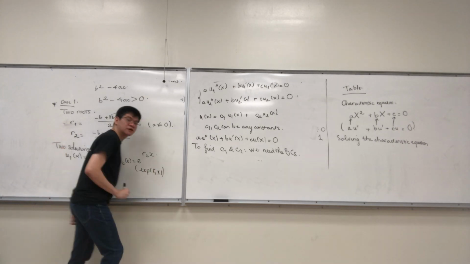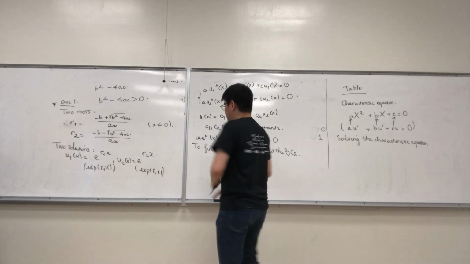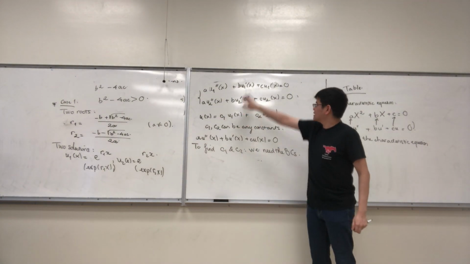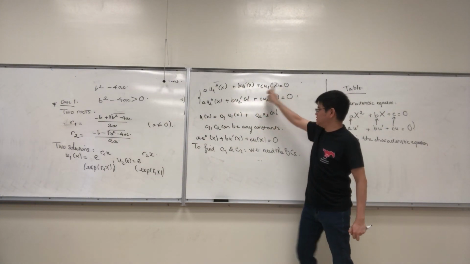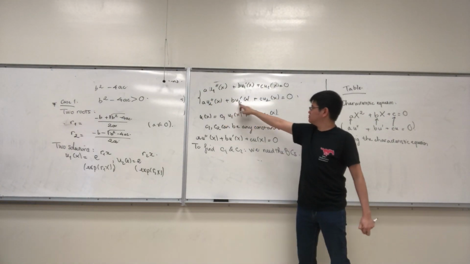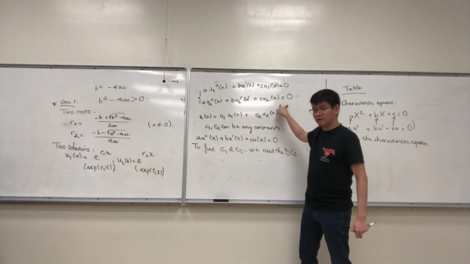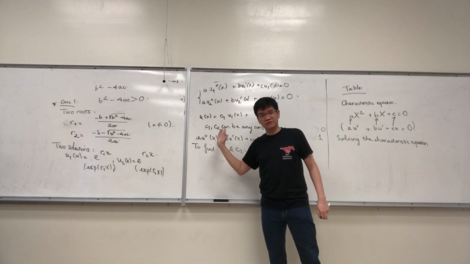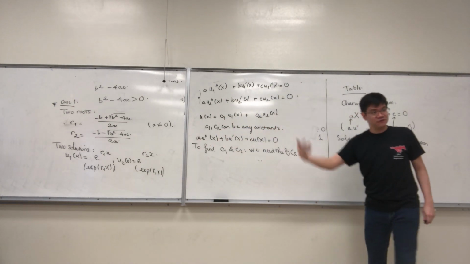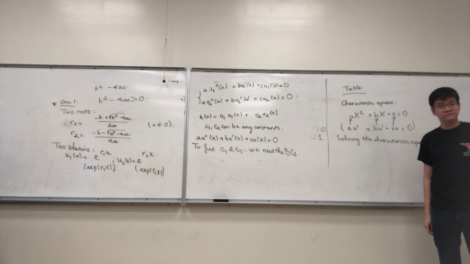It's the same notation, all right? Those are the two solutions, meaning that you have a u1 second plus b u1 prime plus c u1 is 0, a u2 second plus b u2 prime plus c u2 is 0. And the solution will be a linear combination of u1 and u2. You have to find c1 and c2 by using a boundary condition. Questions? It's clear?